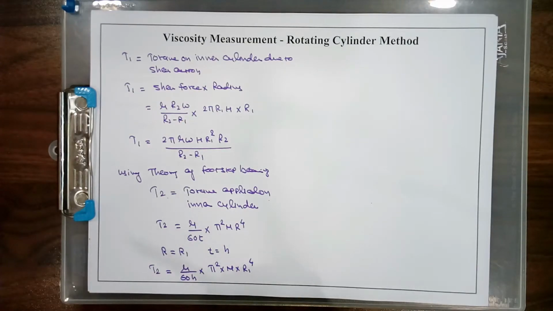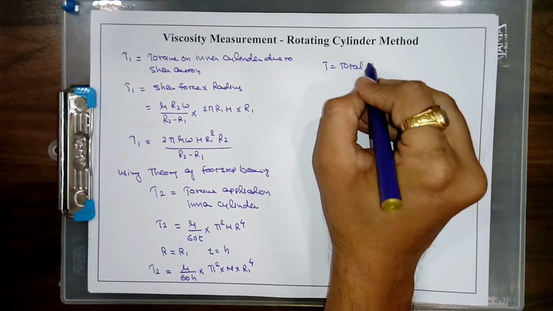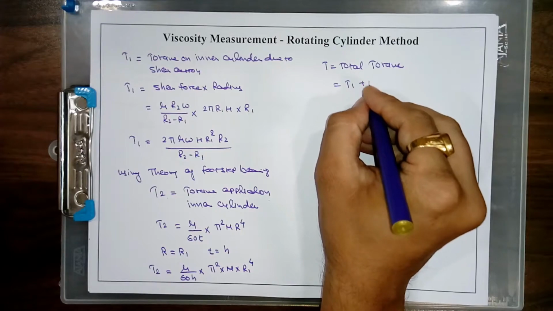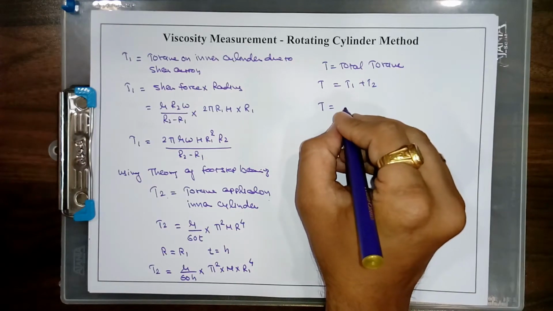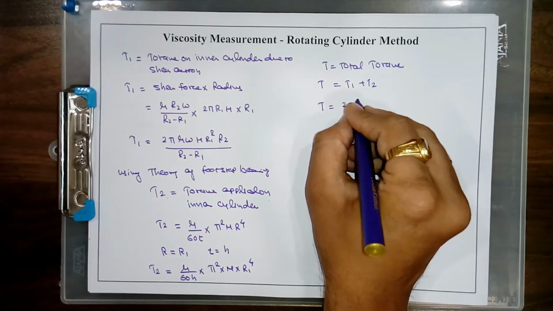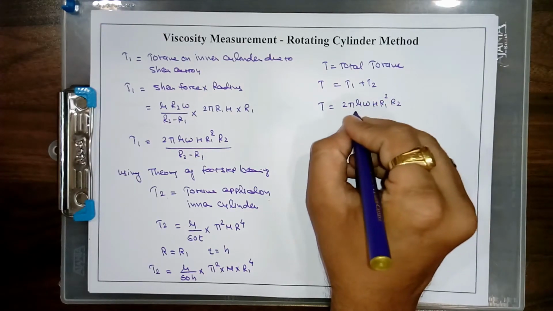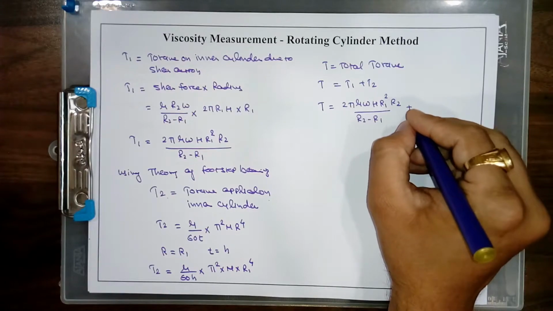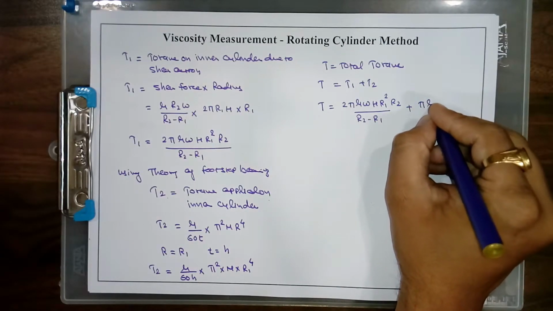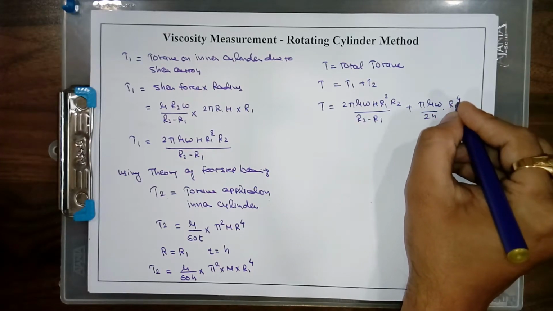Now students, the total torque exerted on the inner cylinder is the summation of T1 and T2. So T1 plus T2 equals T. Now we put down the values of T1 and T2. T1 is 2 pi mu omega H R1 to the power 2 R2 divided by R2 minus R1, plus T2, which is pi mu omega upon 2h into R1 to the power 4.